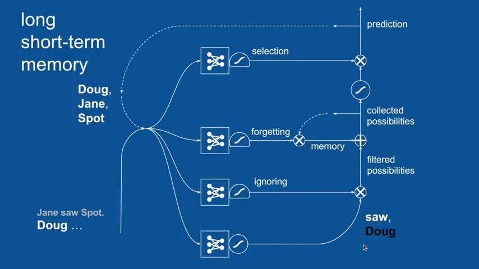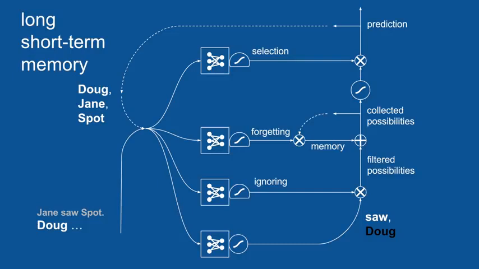Given that the word Doug just occurred, this has learned that the word saw is a great guess to make for a next word. But it's also learned that having seen the word Doug, it should not see the word Doug again very soon, seeing the word Doug at the beginning of a sentence. So it makes a positive prediction for saw and a negative prediction for Doug. It says, I do not expect to see Doug in the near future. So that's why Doug is in black.